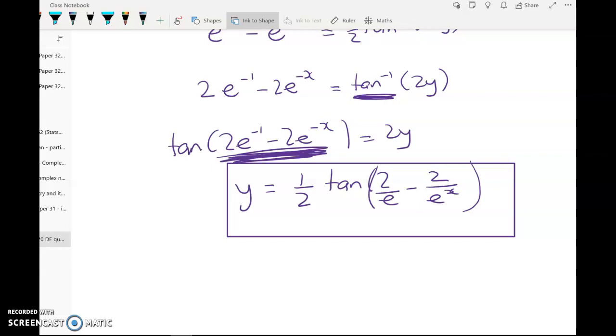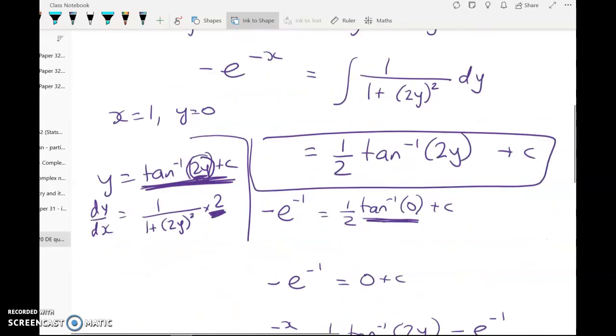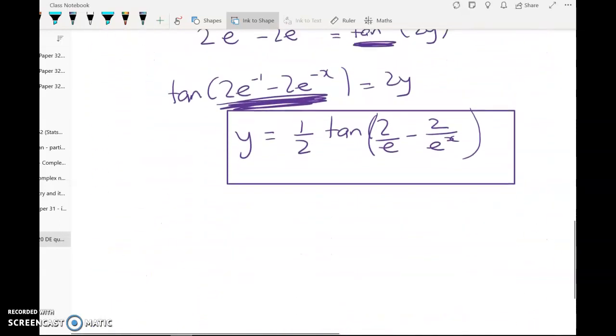Now, the last thing that we've got to do here for the last mark is to say what happens to y as x tends to infinity. So as x tends to infinity, e to the negative x is going to go where?